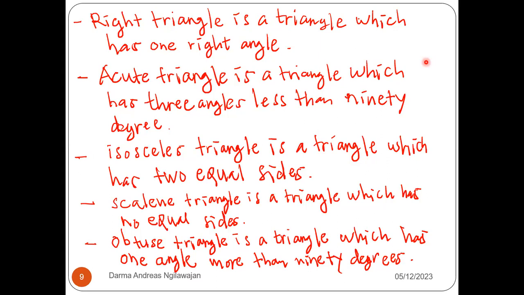Ada yang mau jawab? The second sentence. Acute triangle is a triangle which has three angles less than 90 degrees. So the meaning is? Sudut lancip adalah Oh, come on.